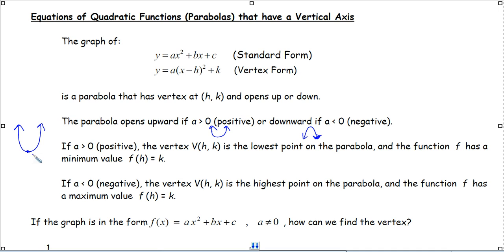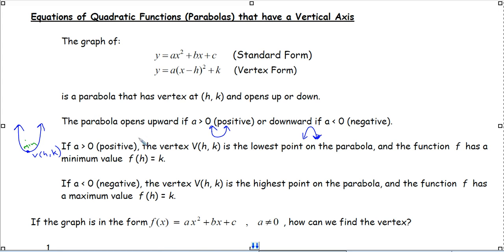Here we'll have our vertex, (h, k). The vertex is the lowest point, right? So that means it's going to give us a minimum, because it's the lowest. And what's lowest, the x or the y? We're talking vertical, so that's a y value. So it has a minimum value of f of h equals k.